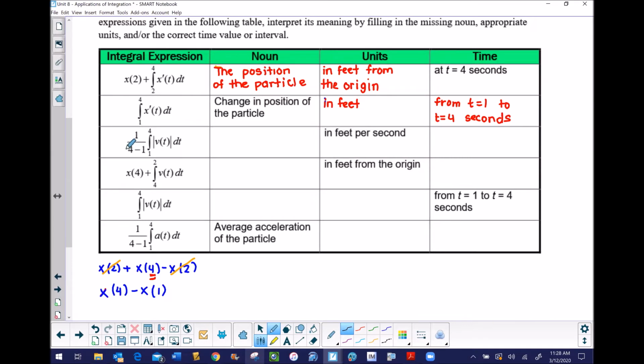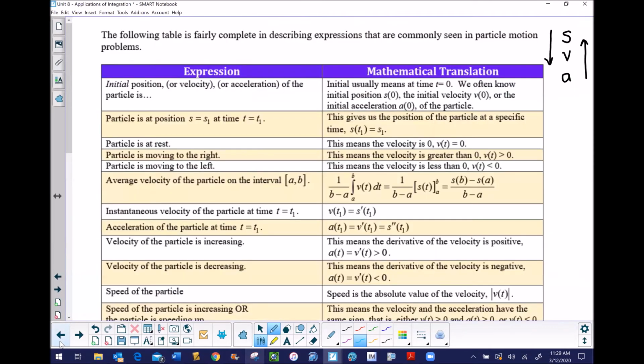Because we have the 1 over b minus a. Okay, so this is the average value of, what is this called again? And we see that that is distance, but we're going to have to think about this just a little different, you guys. And I know that this is where things get kind of frustrating. Absolute value of v is also a very important idea if we go back to the chart.